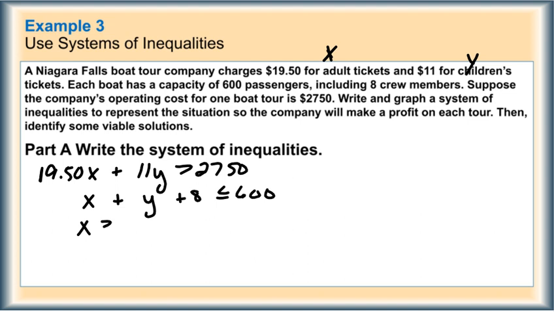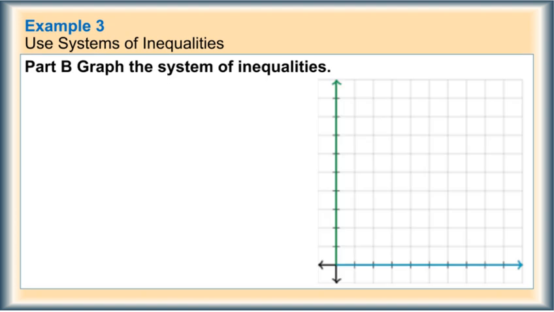So this would be greater than or equal to 0. Can't have negative there. And then Y would also have to be greater than or equal to 0 if we were only using adults. So those are our inequalities that we want to graph on our coordinate plane.